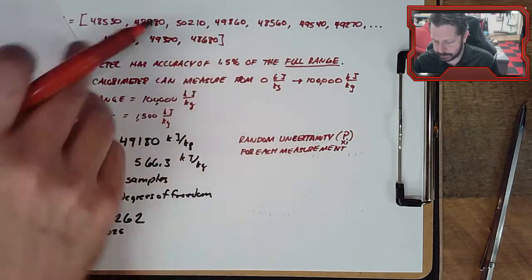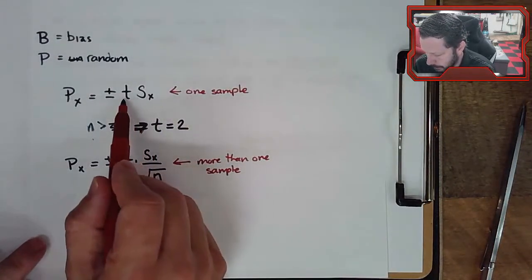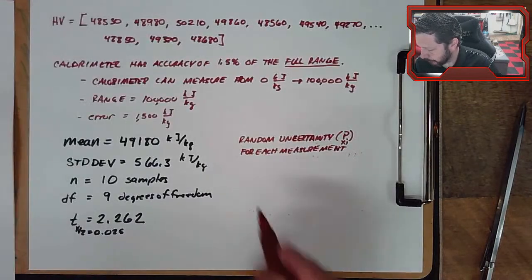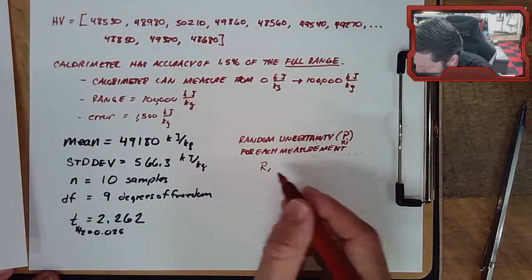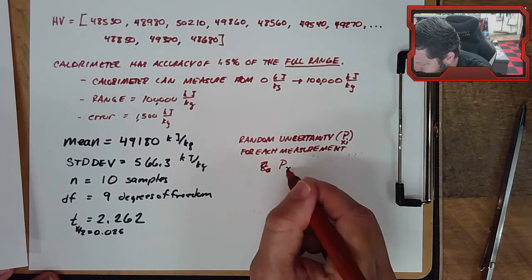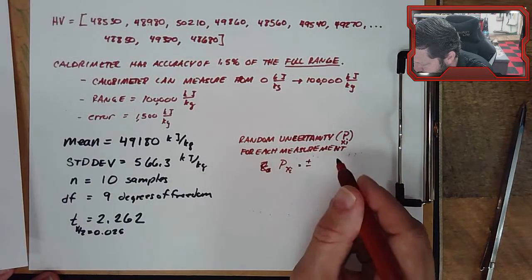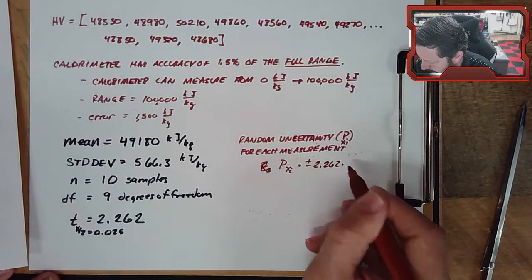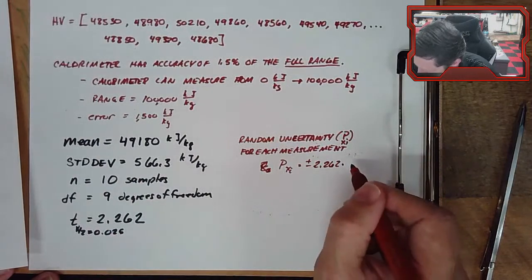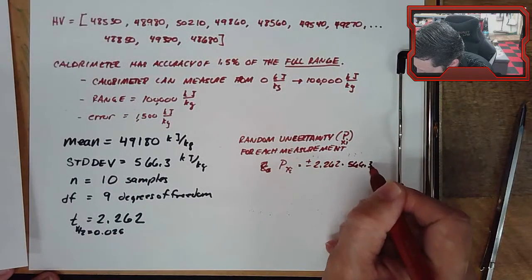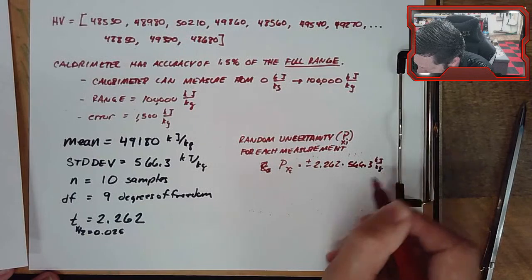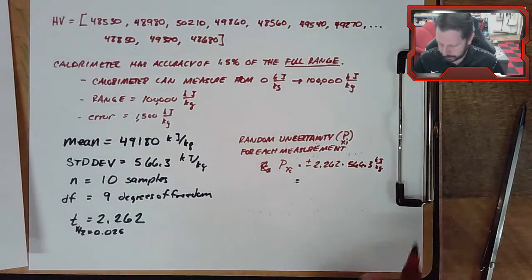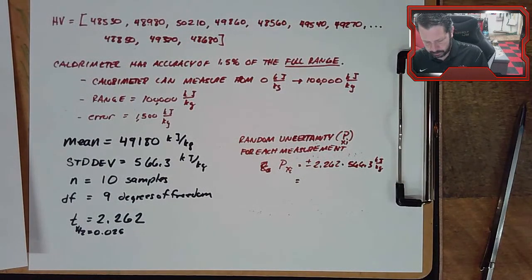What it means is we calculate for one sample, all we need is t and the standard deviation. So P xi equals plus or minus t, 2.262, times the standard deviation, 566.3 kilojoules per kilogram, and that equals, on the calculator, 2.262 times 566.3.